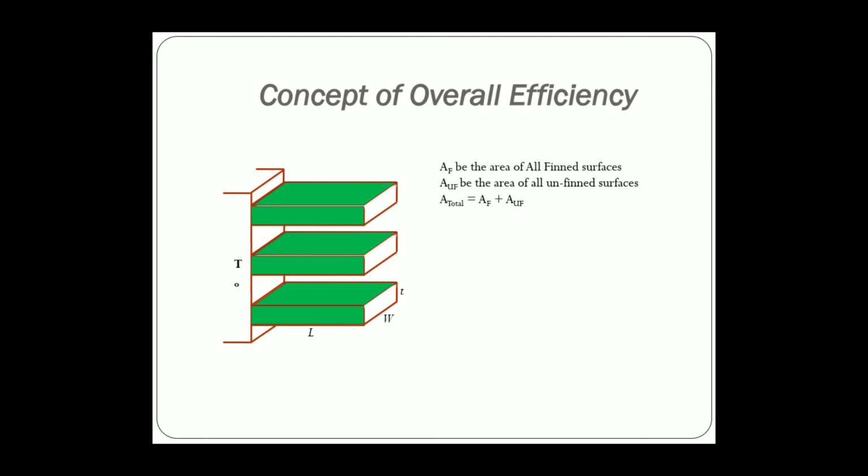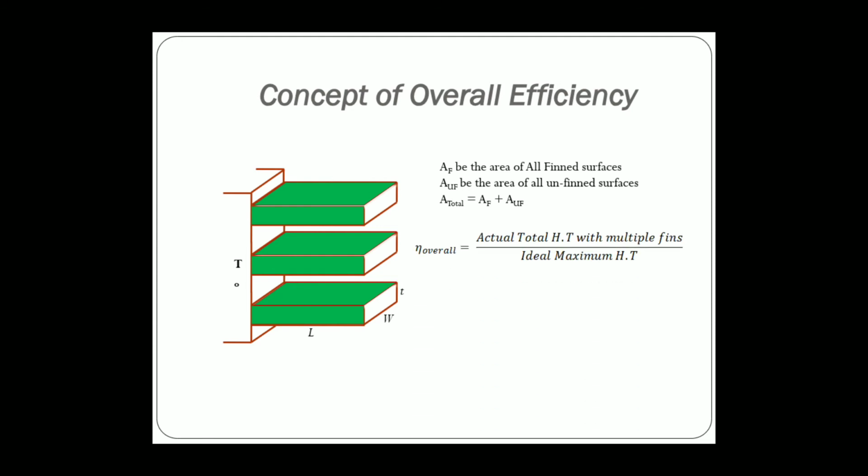Here A_F is the area of all finned surfaces, meaning the number of fins into the area of an individual fin gives the total finned area, and A_UF is the total unfinned area. We define the total area as the sum of finned area and unfinned area: A_total equals A_F plus A_UF.